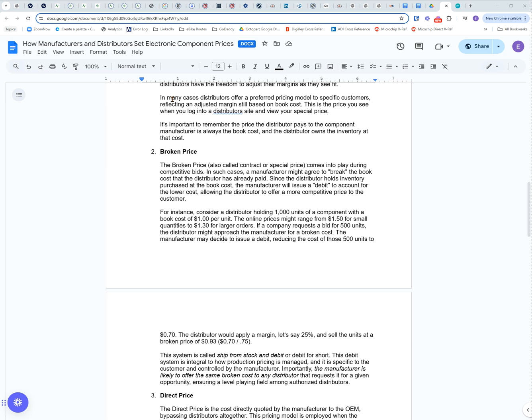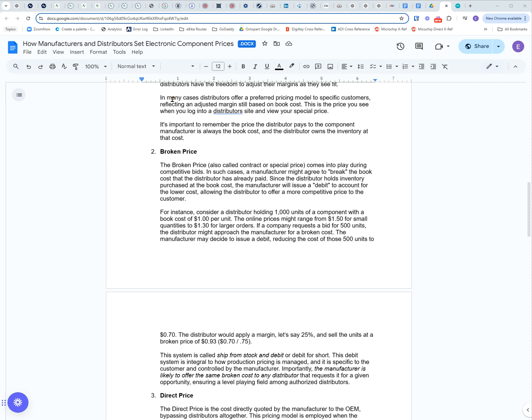So, for example, if a distributor is holding 1,000 units of a component and they paid a book cost of $1 a unit, the prices you see online might be $1.50 for low volumes, $1.30 for larger orders. If a customer then comes in and says, I want to buy 500 units, the distributor might, not always, but might approach the manufacturer for a broken cost and ask for a quote.